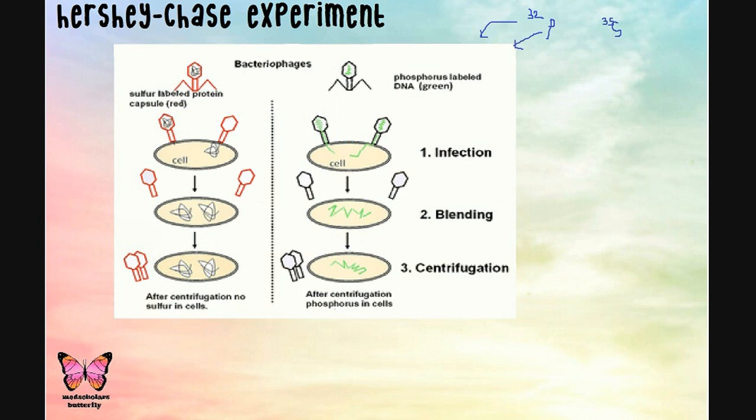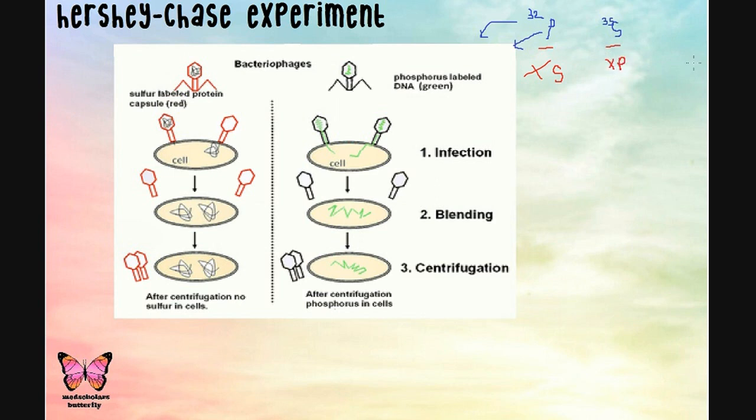We already know that DNA contains phosphorus and doesn't have sulfur. Protein has sulfur but doesn't have phosphorus.